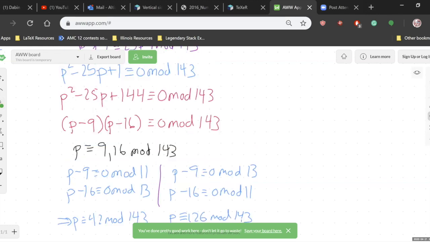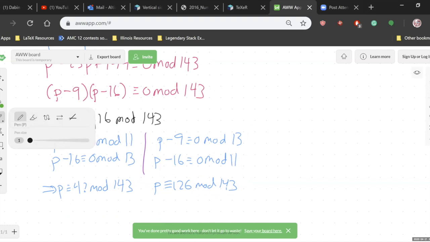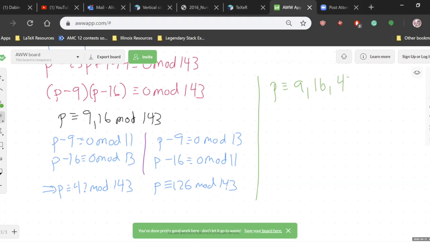So what do we get here? We're almost done. So we know that this system is solved if and only if P is congruent to one of 9, 16, 42, and 126 mod 143.